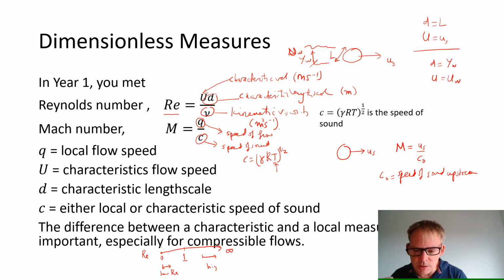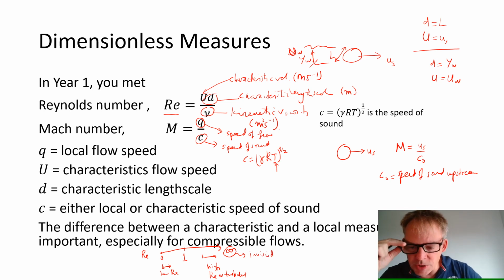Quite distinct types of flows, but nevertheless always associated with a characteristic measure, and in fact the case of Reynolds number infinity may sometimes just be described as inviscid. So we use a characteristic measure and we classify the types of flow processes depending on the Reynolds number.